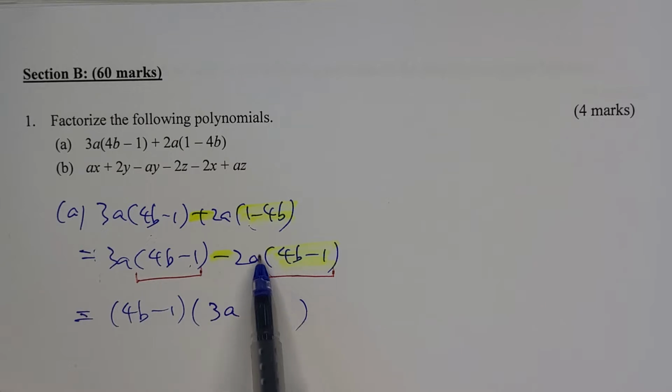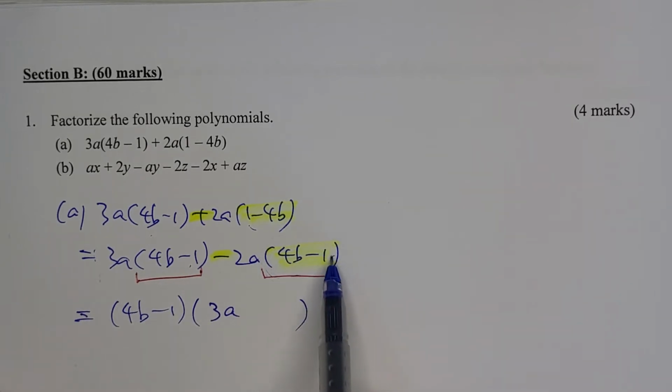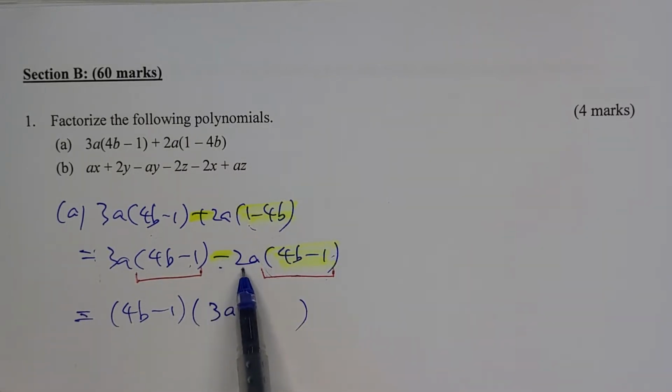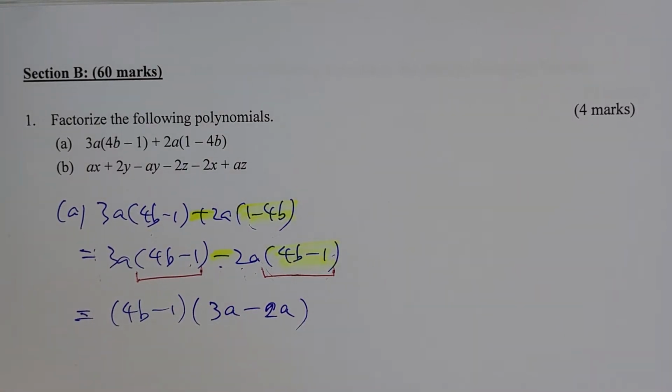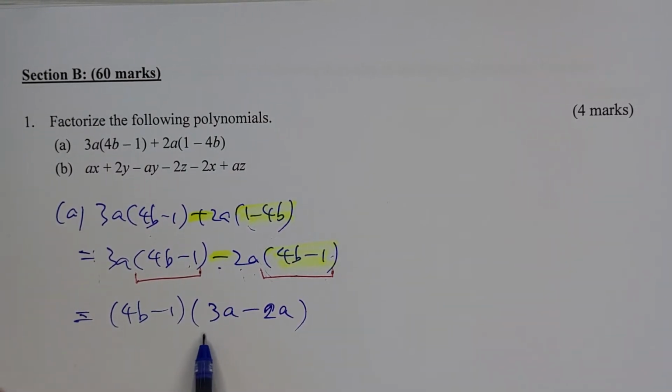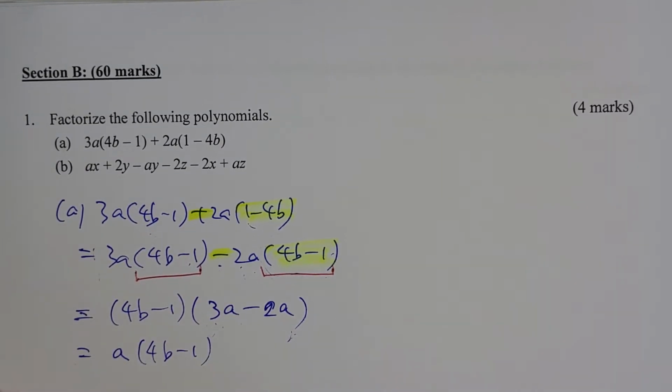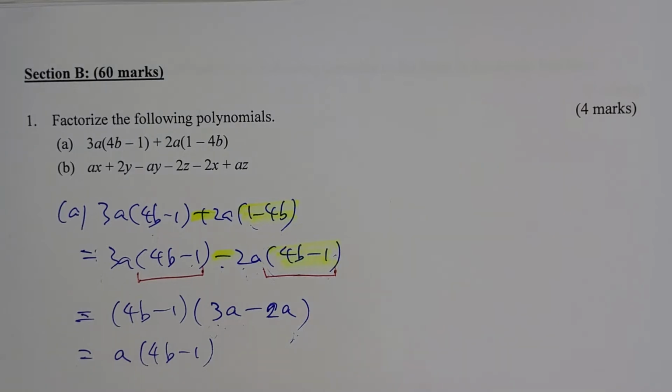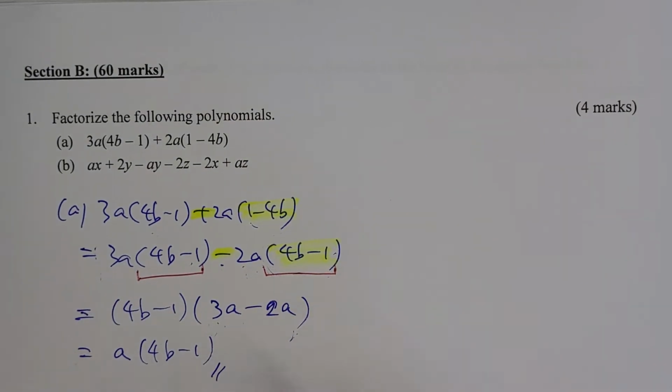Also, after taking this one out, in the second expression, you have negative 2a left. So, look at the bracket here, 3a minus 2a. Then you will still have 1a. Put it in front of it, okay? So, that's the end of this answer, part A.